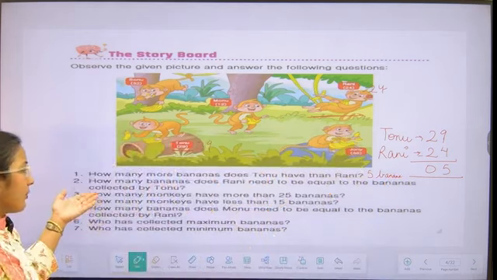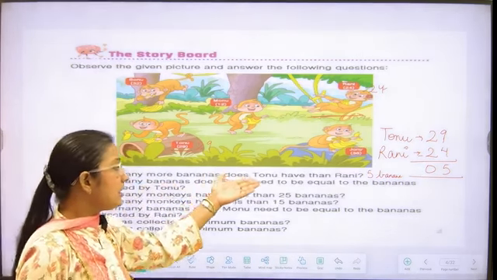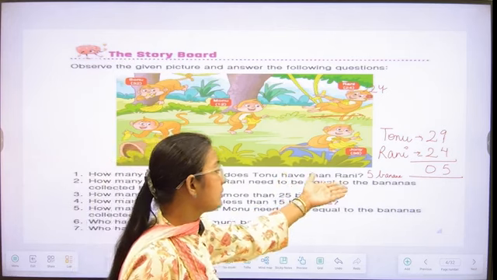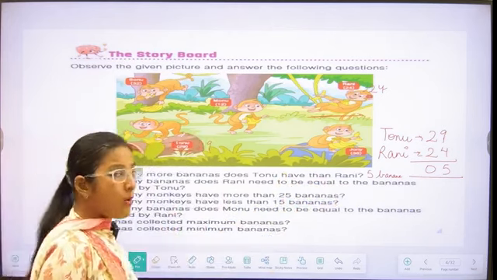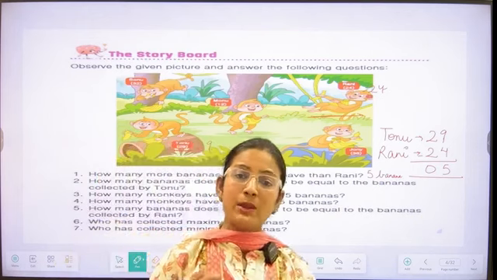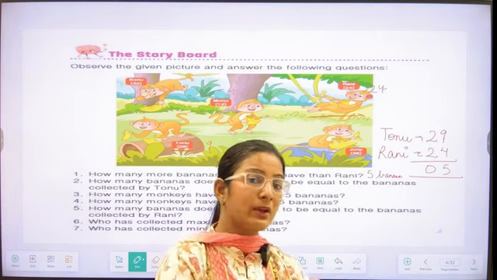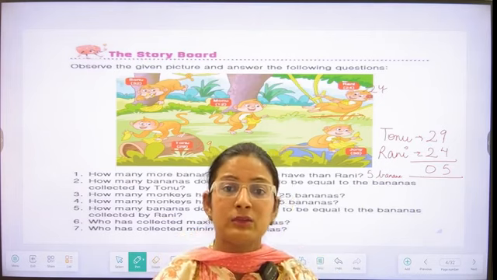In the next one, what do we have to do? How many bananas does Rani need to be equal to the bananas collected by Tonu? Now, what do we have to see? We have to tell how many more bananas Rani has to collect to have an equal number of bananas like Tonu.